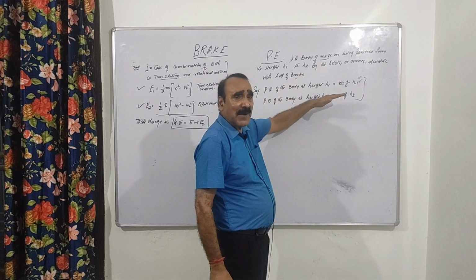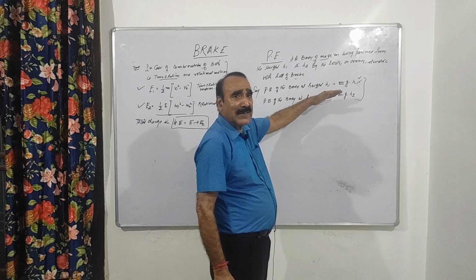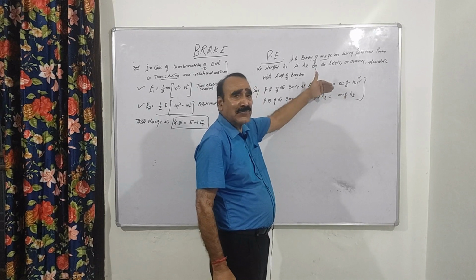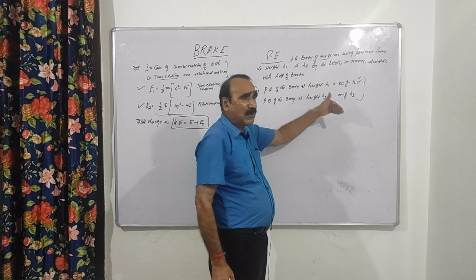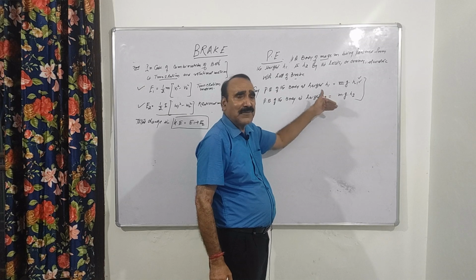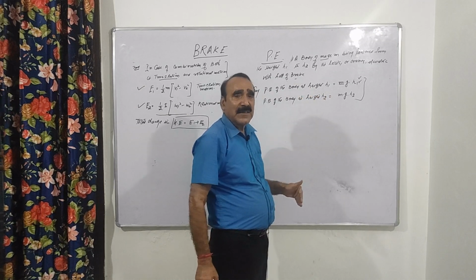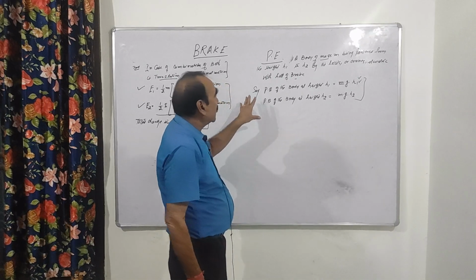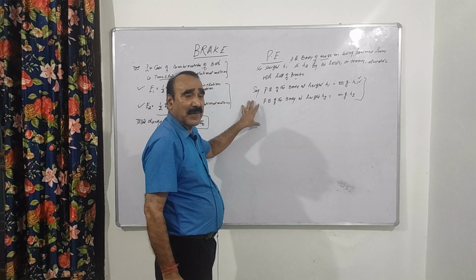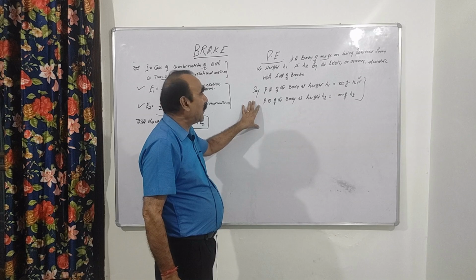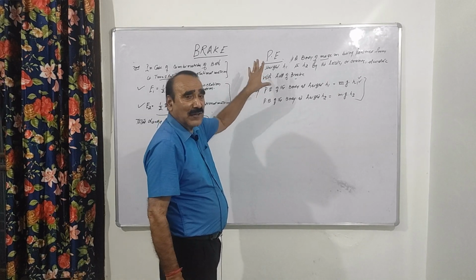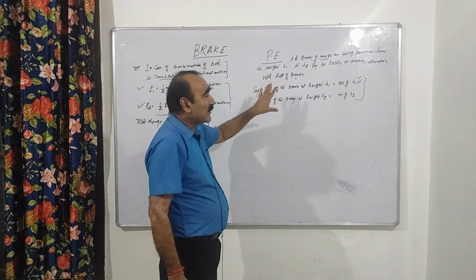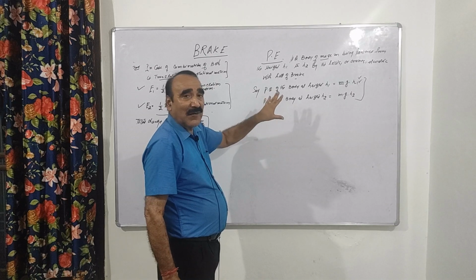So the body has given up the potential energy during lowering from height h1 to h2, and that potential energy is being absorbed by the brake, right? You understand, okay, how much energy is being absorbed by the brake? The energy which is being given up by the body from height h1 to h2, and that energy is being absorbed by the brake.